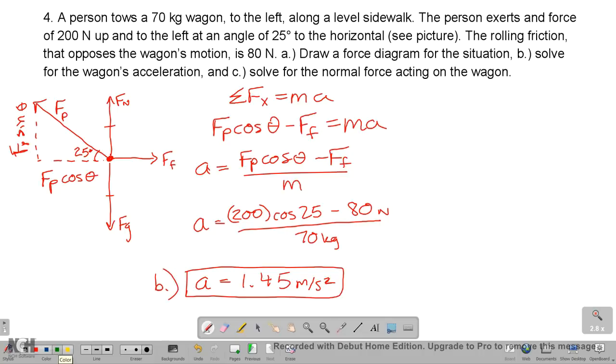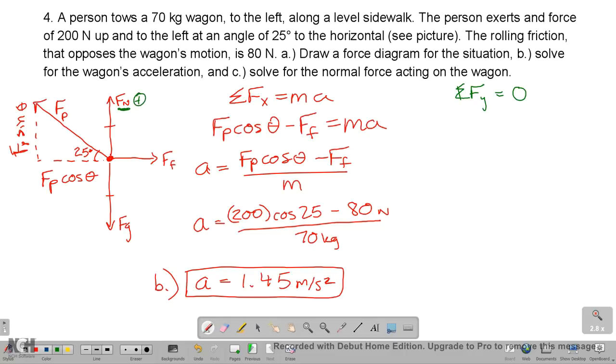Then for part C, solving the normal force of the wagon, we want to do a sum of the forces in the y direction, but this time it's equal to 0 because the wagon's not moving up or down. So with this, again, we need to be careful here. You know that Fn is a positive value.